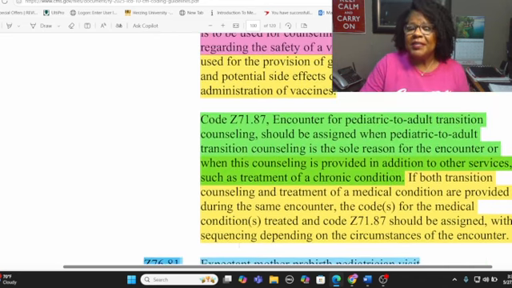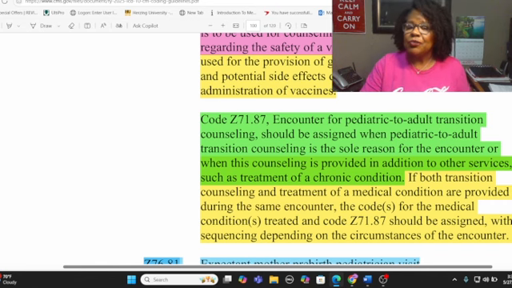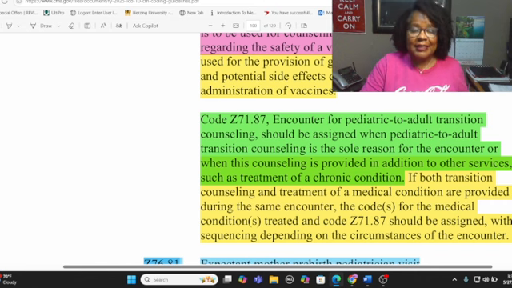And code Z71.87, Encounter for Pediatric to Adult Transition Counseling, should be assigned when pediatric to adult transition counseling is the sole reason for the encounter, or when this counseling is provided in addition to other services such as treatment of a chronic condition.